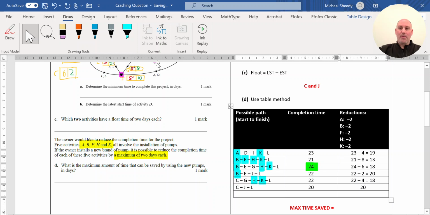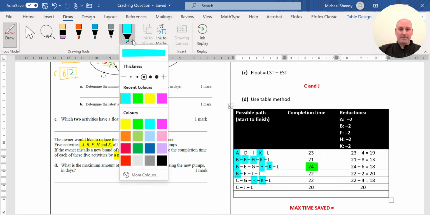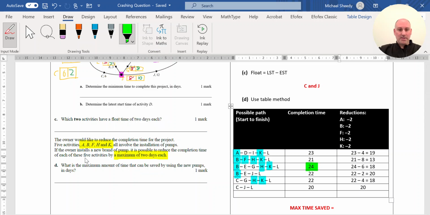So now that I've done all my reductions, applied to every single possible path, I can now actually figure out how much time I can save. And I can answer question part D. So our original critical path was 24 hours, and the new critical path, so having a look at all of the new completion times after reductions have happened, the critical path would be the longest way forward.